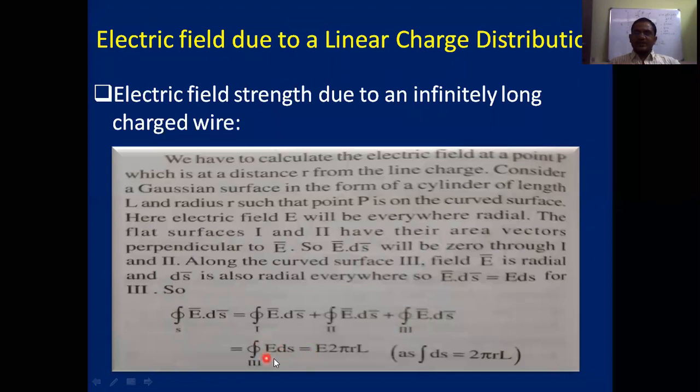Since E is constant, you write E outside. The closed integral of ds is equal to the surface area of the cylinder, 2 pi r l. So this is the total flux through the curved surface region.